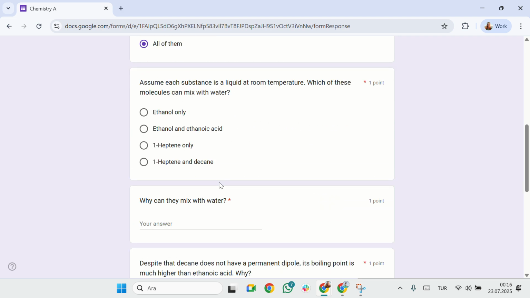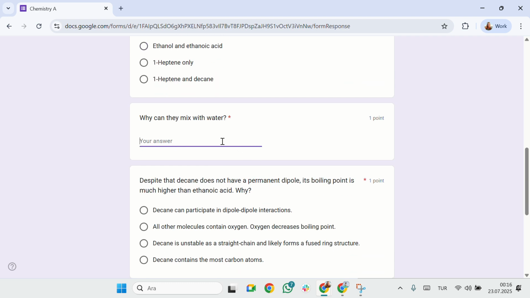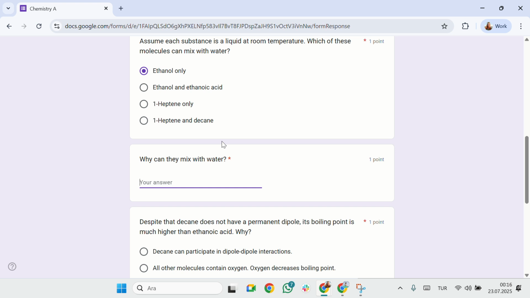Ethanol and heptane, is that an answer? Okay, no answer like that. Let's say ethanol only. I don't know actually. I know it's incorrect, but because it has a lower boiling point than the water.